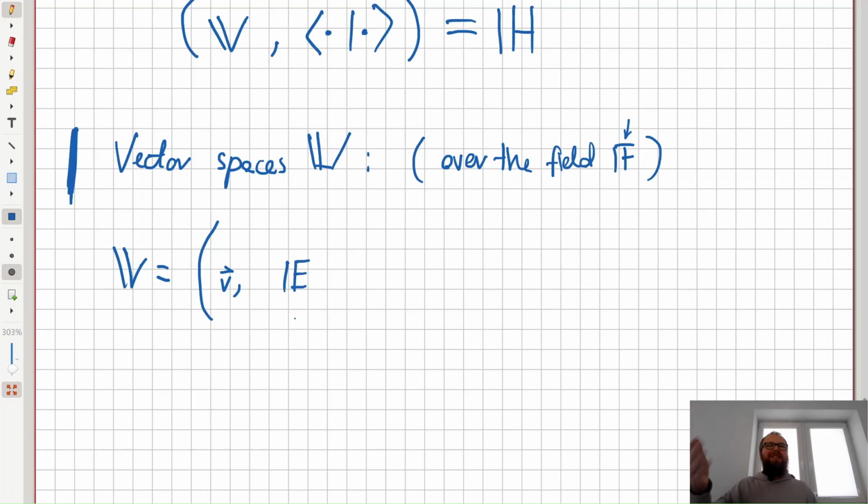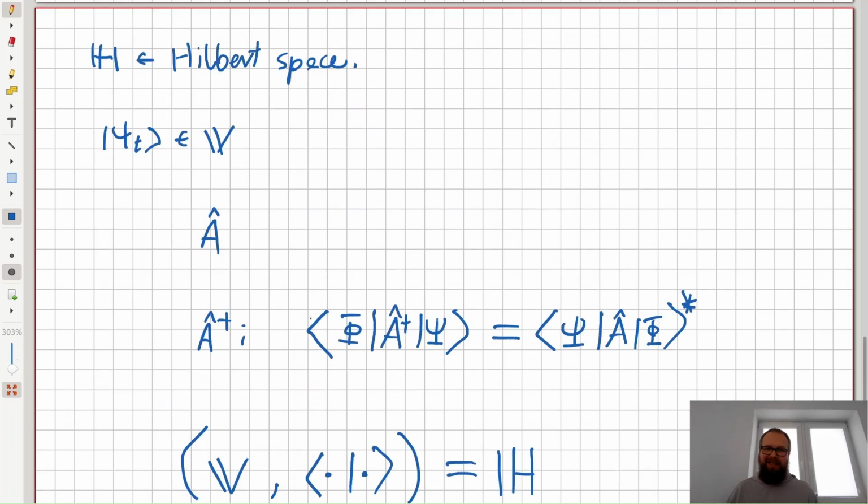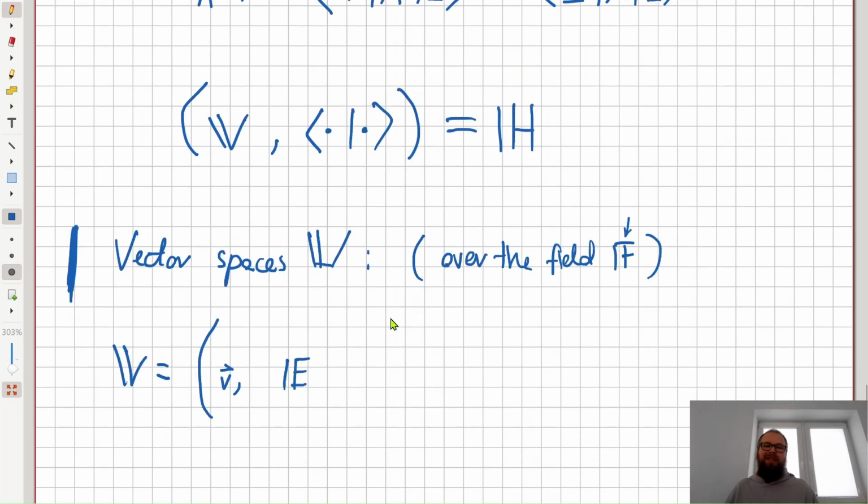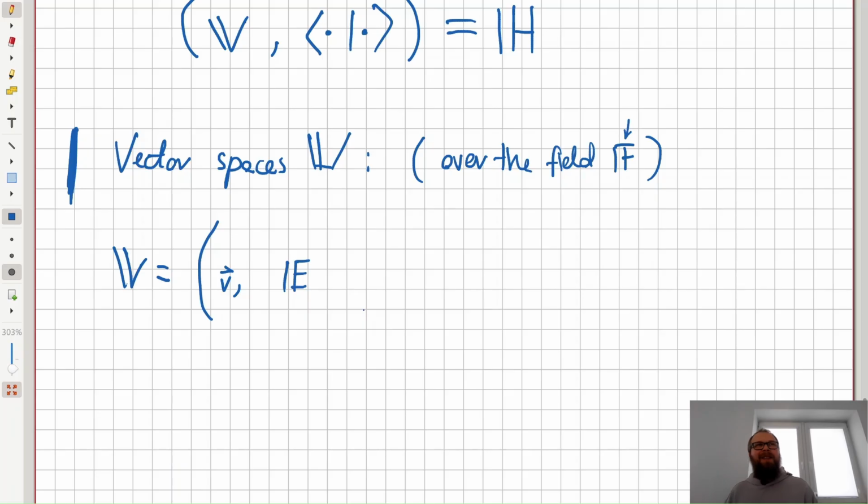In quantum mechanics, we denote vectors as kets, like this. But imagine you could use an arrow if you want. But there is a very good reason why we use kets and bras. So, we have things like that. There is more, and they all sit in our container, in our set.